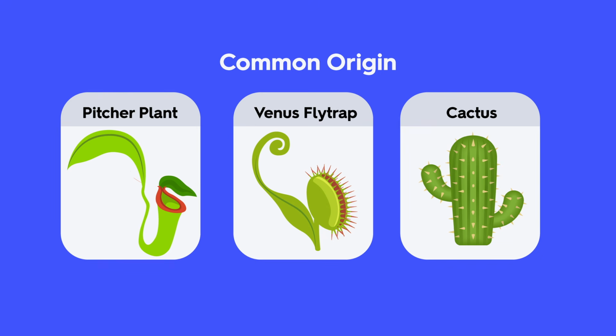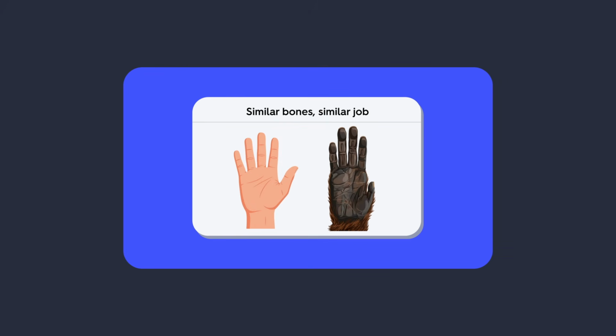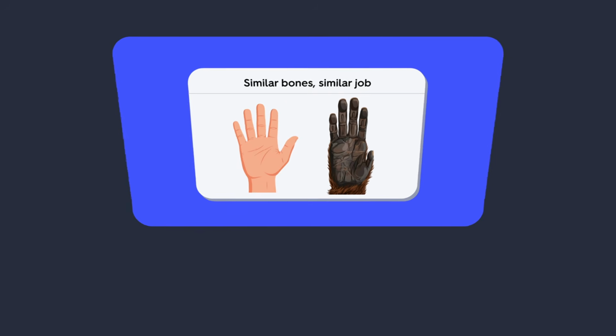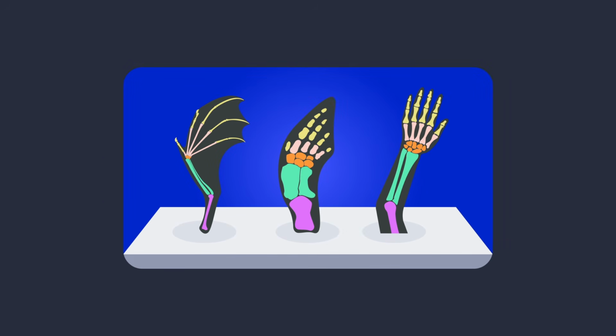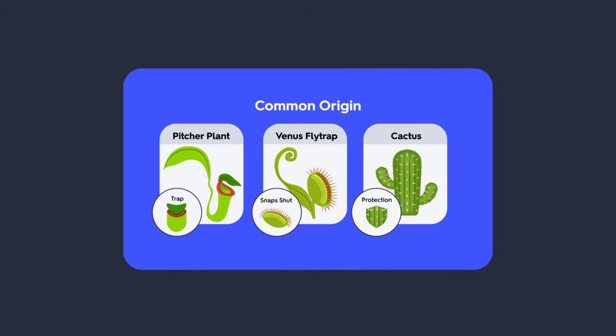Same origin, but different jobs. One traps insects like a cup, one snaps shut, and one protects the plant with sharp spines. That's homology again. So far, we've seen that homologous structures share a common ancestor and a shared underlying blueprint, even when they evolve to perform different functions.